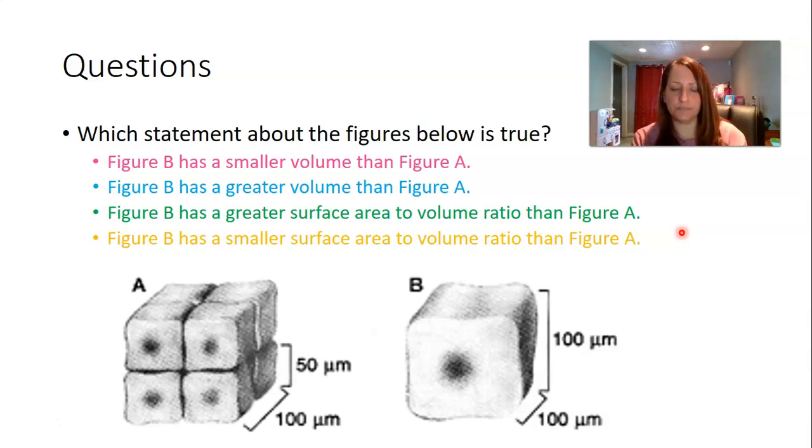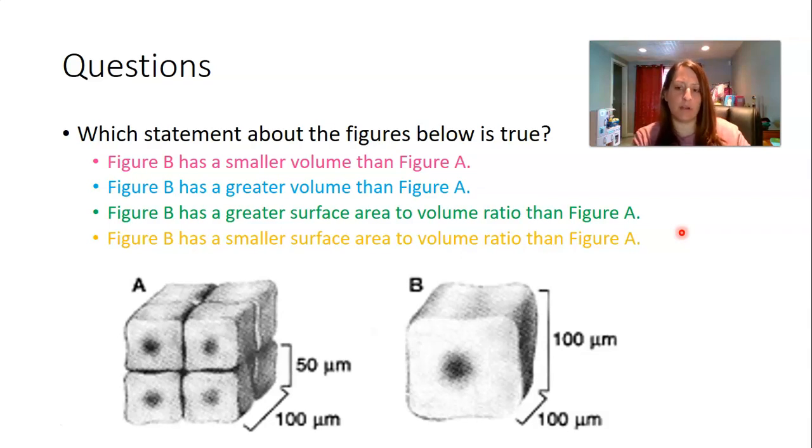Does figure B have a greater volume than figure A? Green. Does figure B have a greater surface area to volume ratio than figure A? Or does figure B have a smaller surface area to volume than figure A?